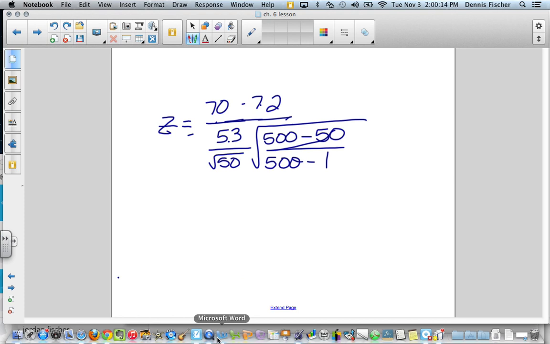It's in the formula. So if I work this whole thing out, I'm going to grab a calculator here.